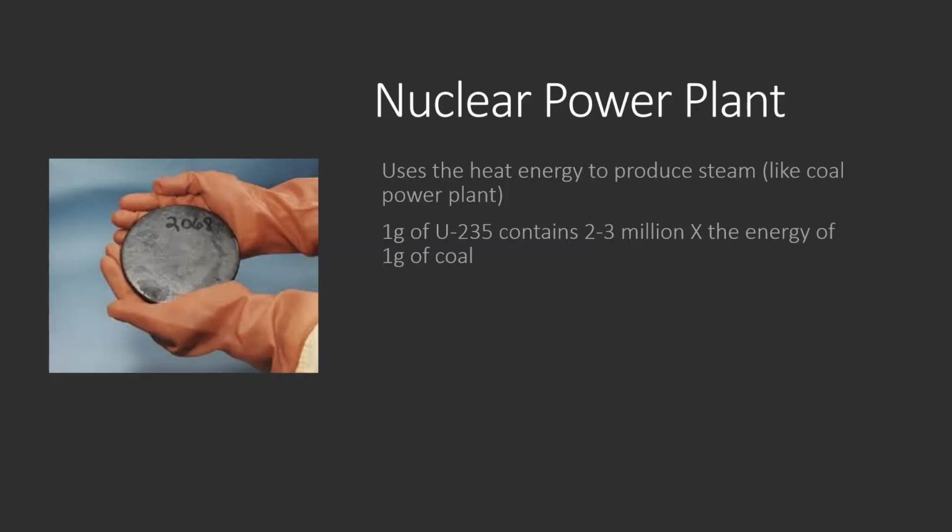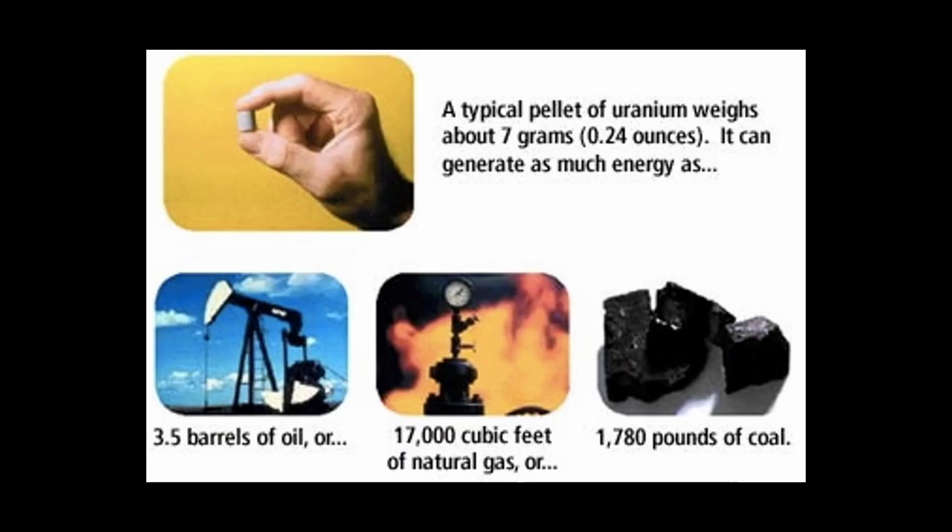A nuclear power plant just uses that heat energy, just like a coal power plant, and produces steam to turn a turbine to produce electricity. 1 gram of uranium-235 has 2 to 3 million times the energy of 1 gram of coal. And that is why it is believed that nuclear energy could be a very versatile source of energy.